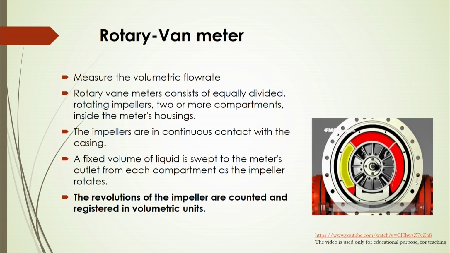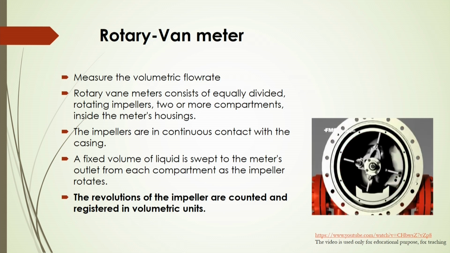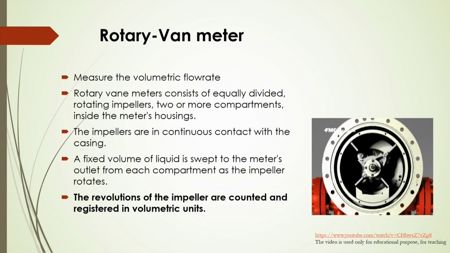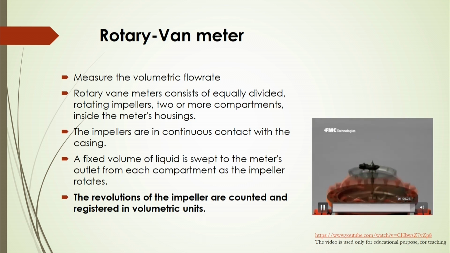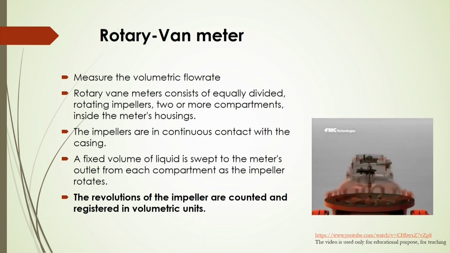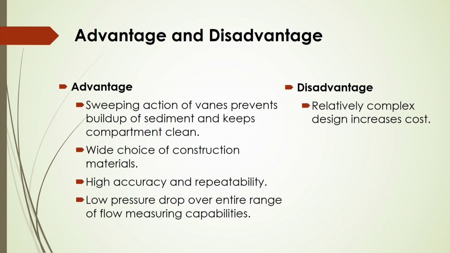Based on the revolutionary rotation, you can get how much fluid is displaced, and the number of these revolutions will give you the amount of fluid flow through this rotary vane meter.